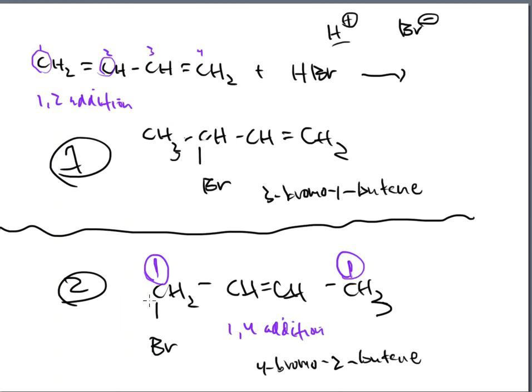And the reason is the first carbon in the conjugated system and the fourth carbon, 1, 2, 3, 4, are the ones that get targeted with the incoming groups. So when we do these reactions, when we predict these products, that's something that they're going to refer to. They're going to ask you to maybe provide the 1-2 addition product of a given molecule. Or they're going to say, predict the 1-4 addition product of it. And that is what they're referring to.